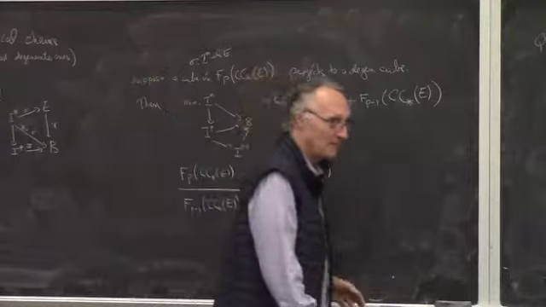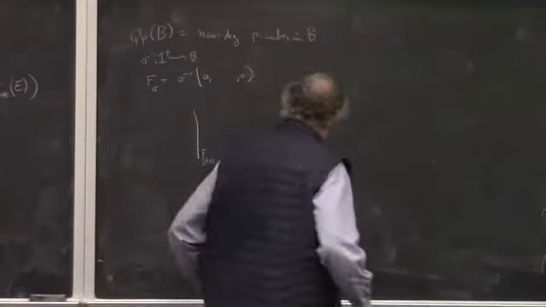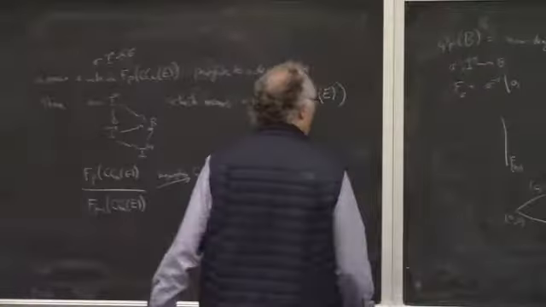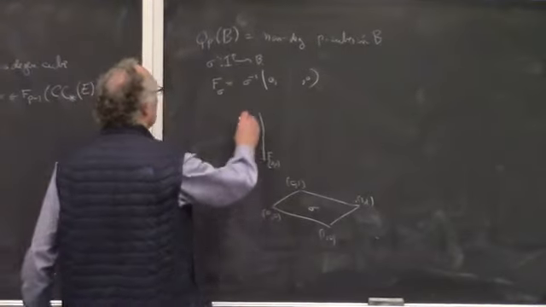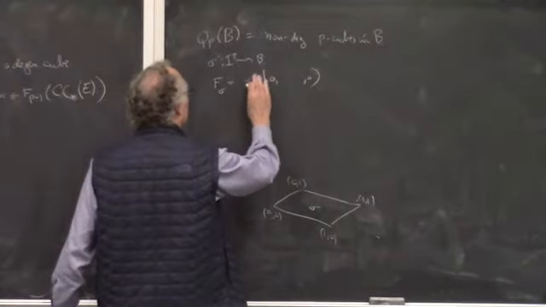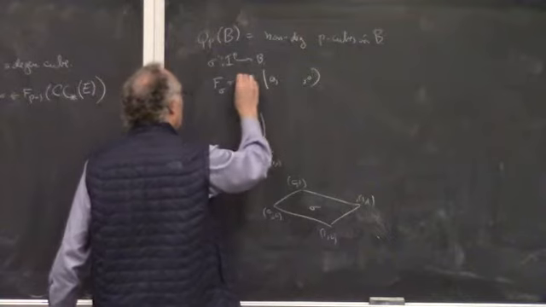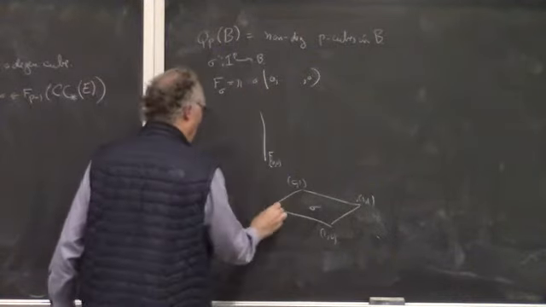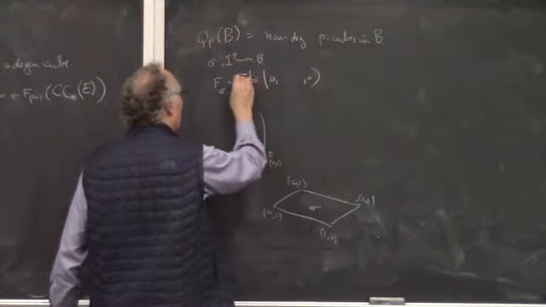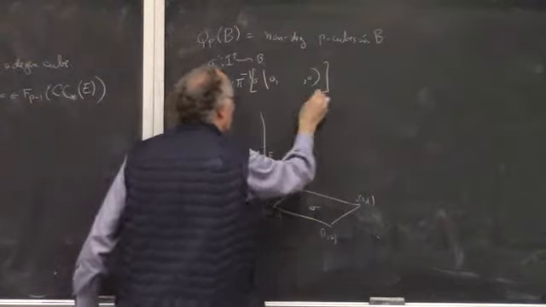Don't you mean that F sigma is pi inverse of sigma of 0, 0, 0? Yes. Thank you. Yes. So I take the corner and I take the fiber over. Thank you.